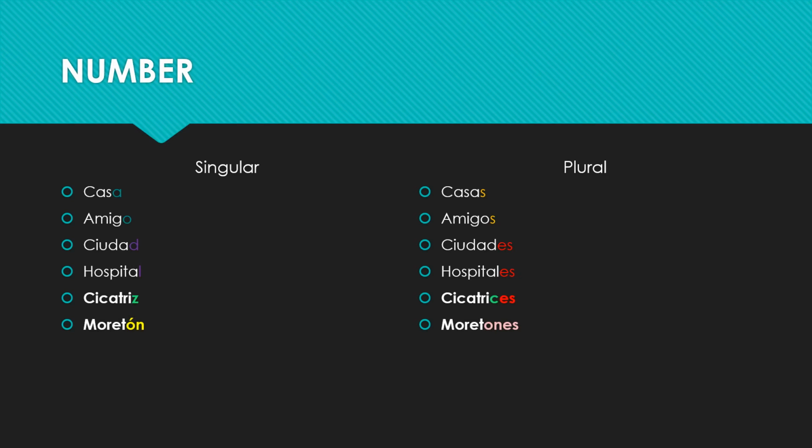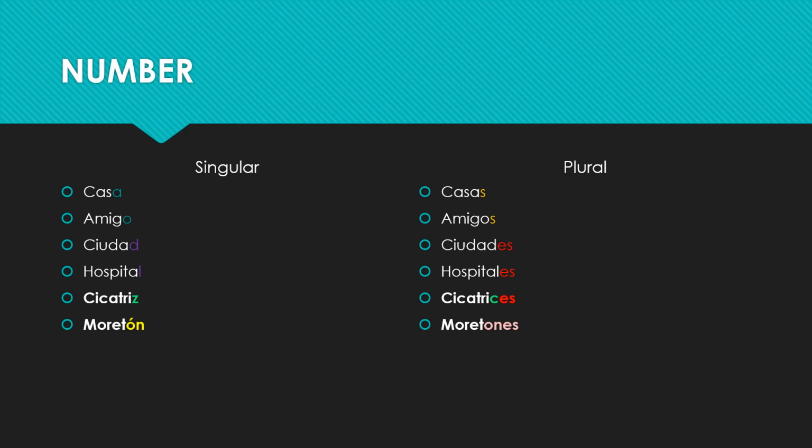We still add the ES, but what we do to the Z is we have to turn it into a C. So as you can see, cicatriz, which means scar, turns into cicatrices. So not only do you add the ES because it's a consonant, but you have to change the Z to a C.